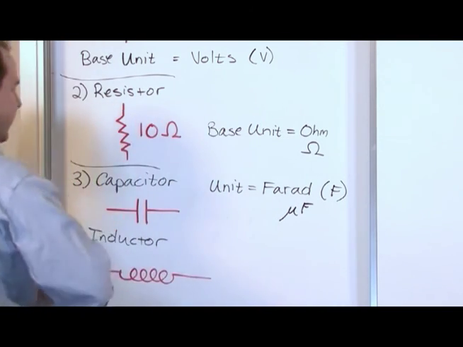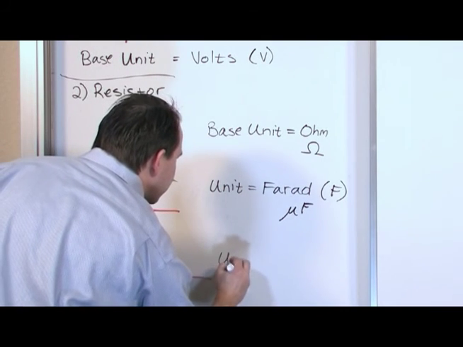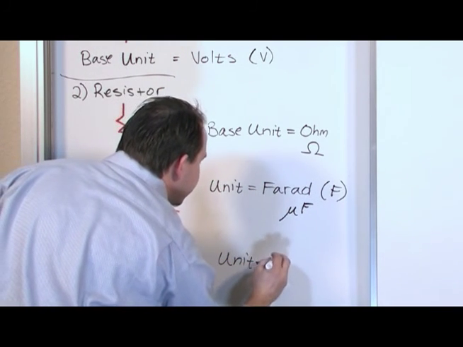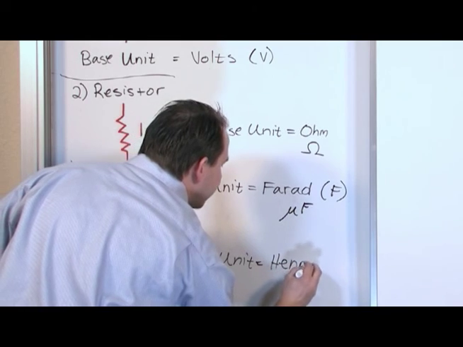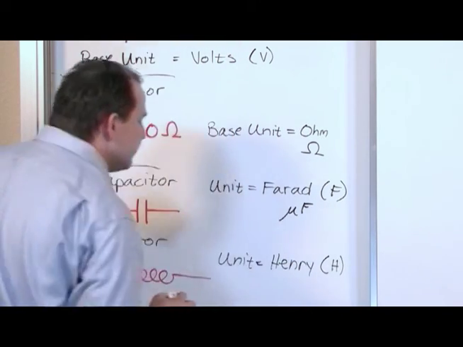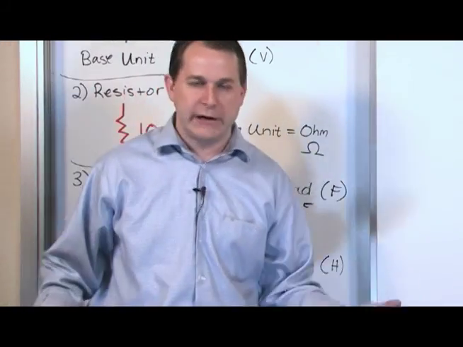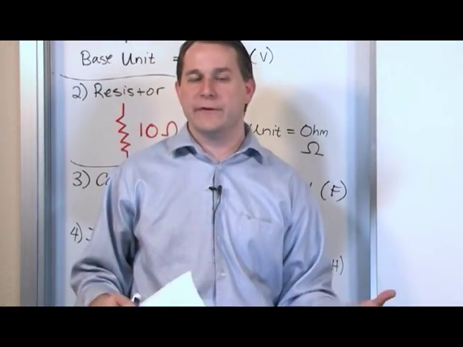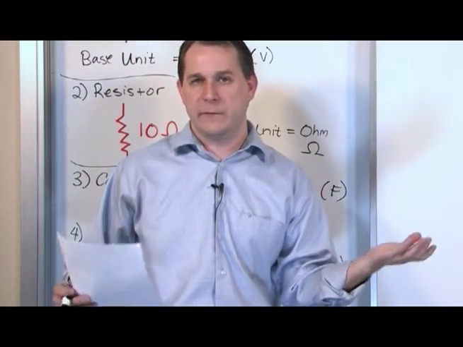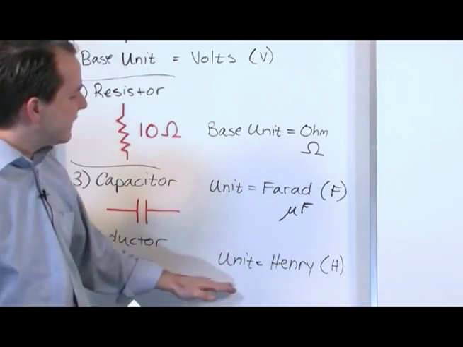And the units of an inductor is the Henry. You'll see that as H, the Henry. Now, of course, you might have microhenries, millihenries, nanohenries, kilohenries, different modifications to the base unit for the metric system, but the base unit is a Henry.